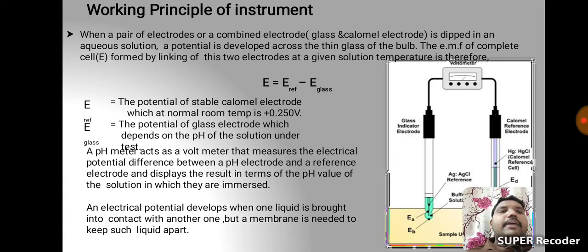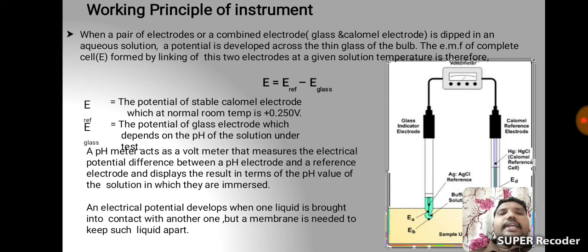The EMF of the complete cell formed by linking these two electrodes at a given solution temperature is therefore E = E reference electrode − E glass electrode. E reference electrode is the potential of the stable calomel electrode, which at normal room temperature is +0.250. E glass electrode is the potential of the glass electrode, which depends on the pH of the solution under test.